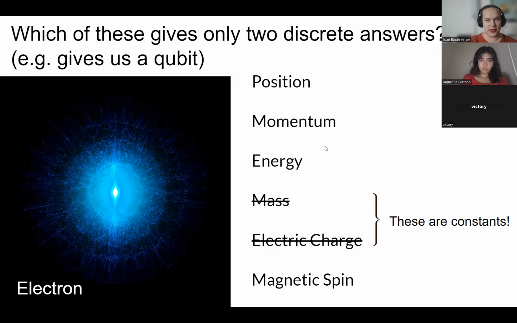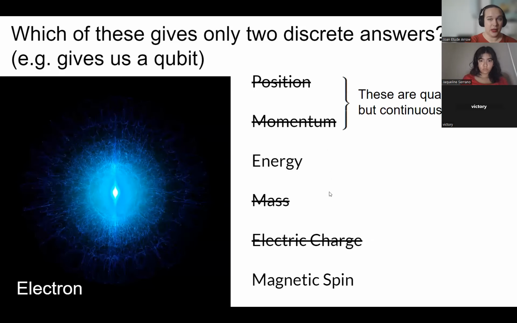So maybe we want to look at position or momentum. Those things are quantum. You can describe them using a quantum state. Let's say you have an electron trapped in a box that's 1 meter wide. It'll be somewhere in there from 0 to 1 meters. So that is a quantum thing you can measure, but the challenge is that variable is a continuous one.